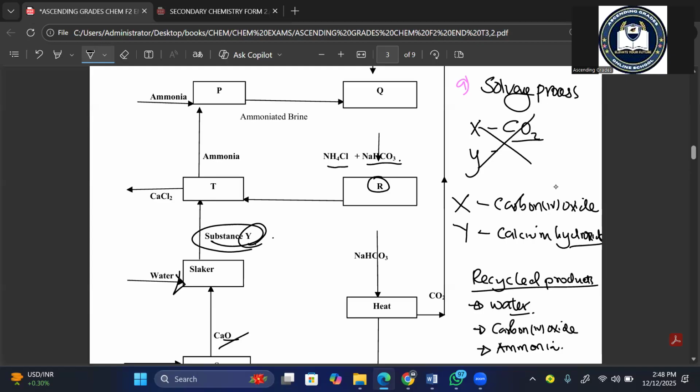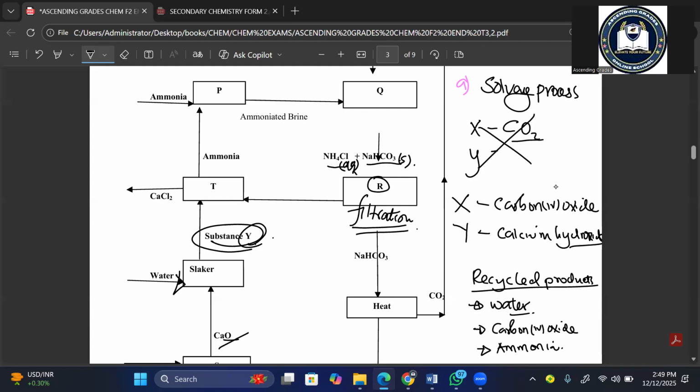We know that this one is aqueous and this one is in solid form. So at R, we are going to separate them. So how can you separate a solid from a liquid? You filter. So you filter and then the process will be filtration.